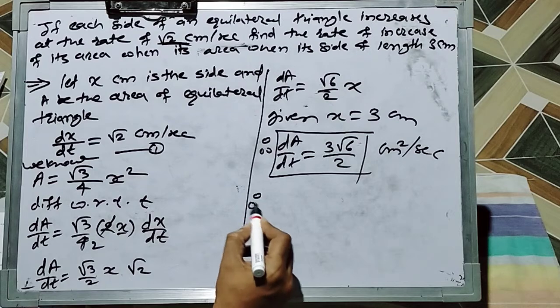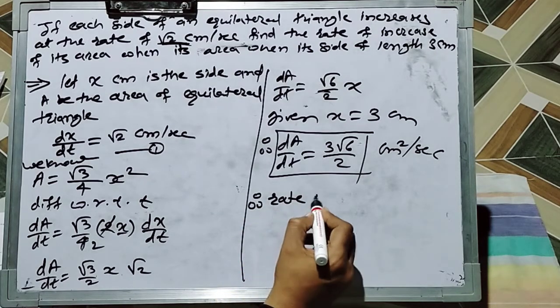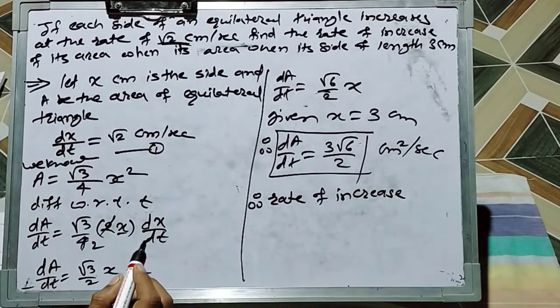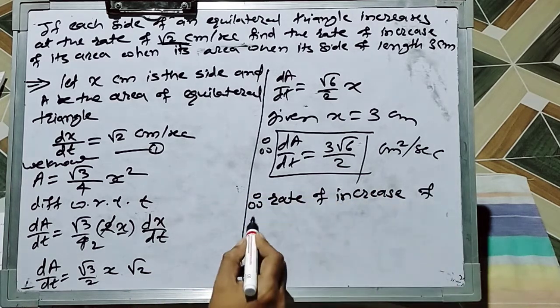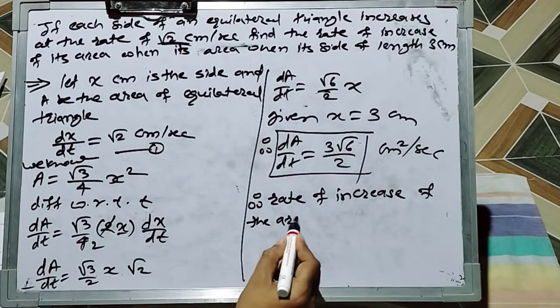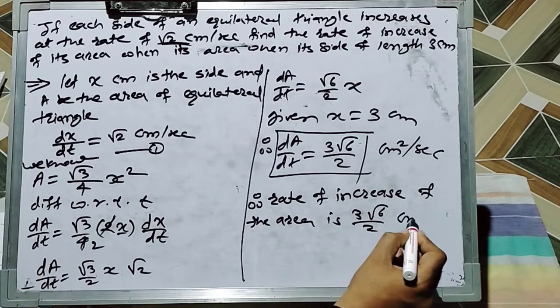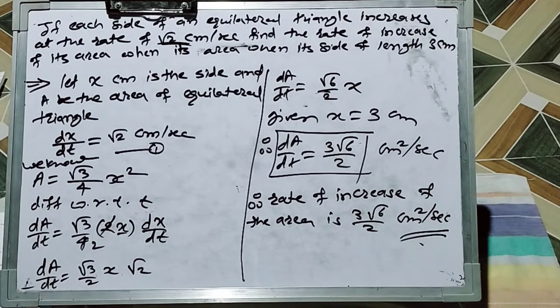Therefore the rate of increase of the area is 3 root 6 divided by 2 centimeters squared per second. So this is the required solution.